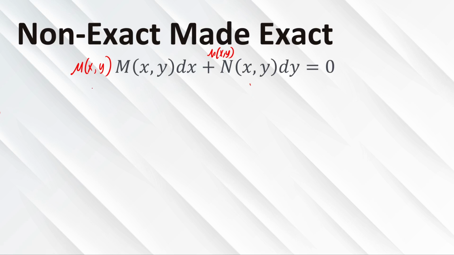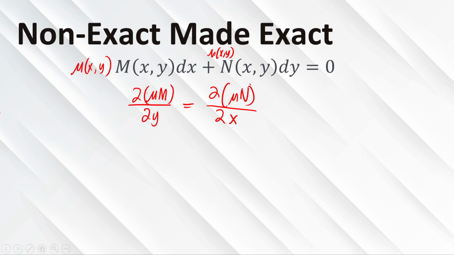Or in equation, dapat yung partial derivative ni mu times M with respect to y dapat equal sa partial derivative ng mu times N with respect to x. And of course, si mu and M at si mu and N dyan ay functions. Therefore, we have a derivative of a product. Kapag dinerive natin yan, we will get sa right side, udv plus vdu, ganun din sa partial derivative.